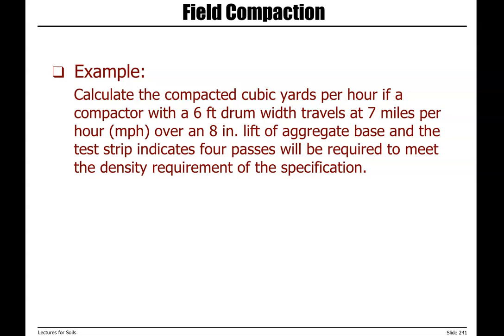Let's do an example. Calculate the compacted cubic yard per hour. If a compactor with a 6 feet drum width, so that's our width, travels at 7 miles per hour, that's our speed, over an 8-inch lift of aggregate, that's our thickness of compacted lift, and the test strip indicates 4 passes, that's the number of passes required.